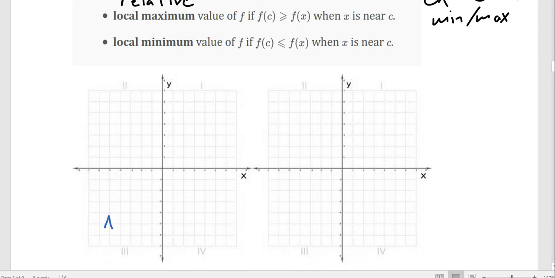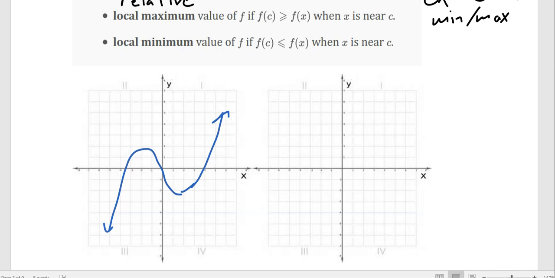So let's go back to this graph that does something like this. Okay, there is no absolute maximum or absolute minimum, but what you're looking for are hills and valleys.